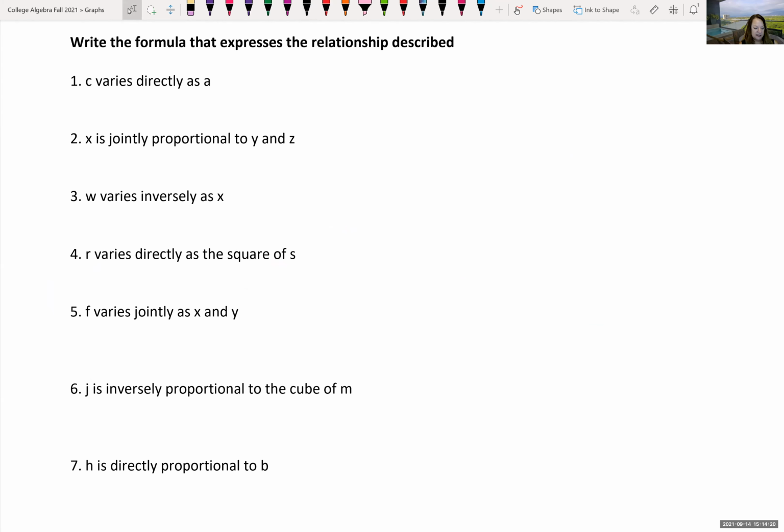So number 1 says, C varies directly as A. So C varies directly, so that tells me I need the equal sign and I always have this constant K in here. And it varies directly as A. So C is equal to K times A.